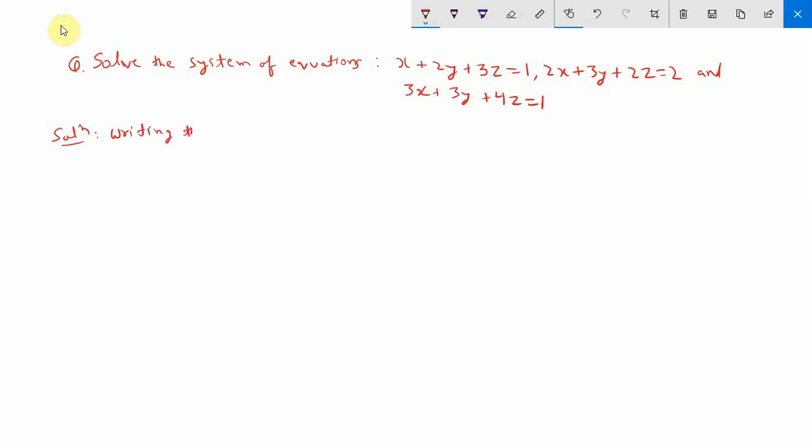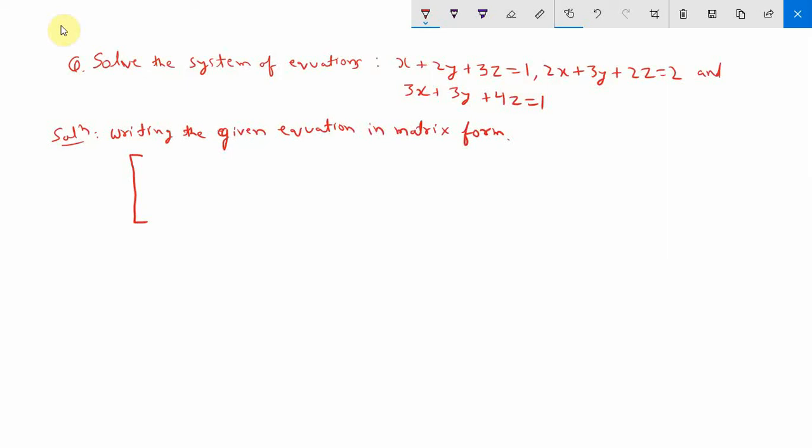Writing the given equations in matrix form, we get: see, x plus 2y plus 3z.